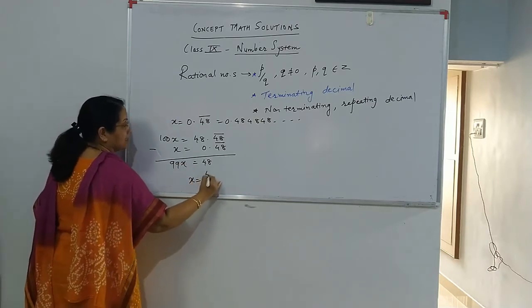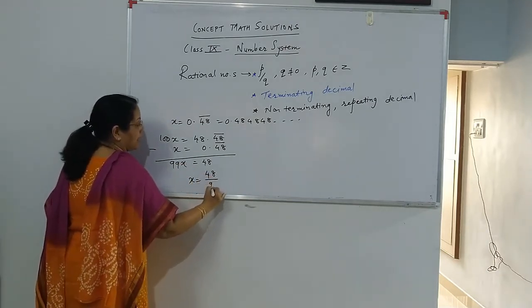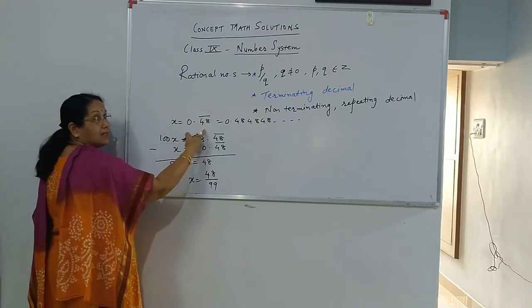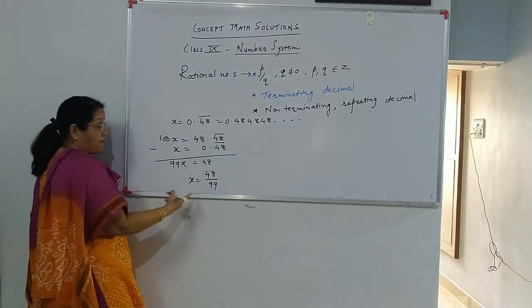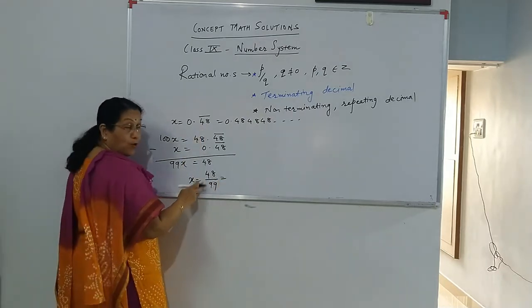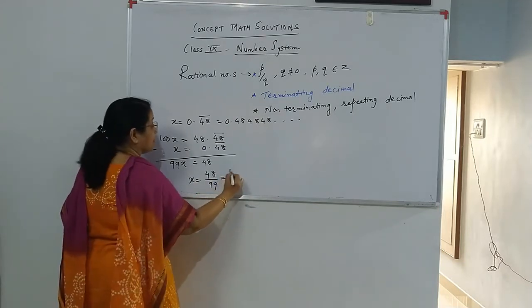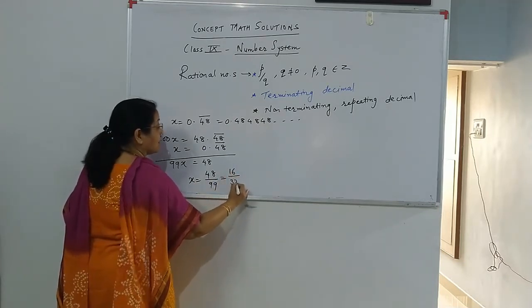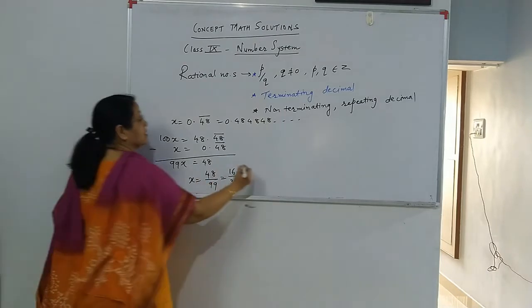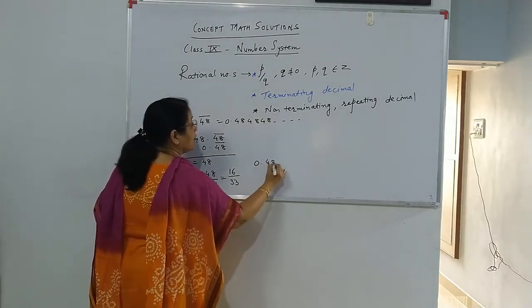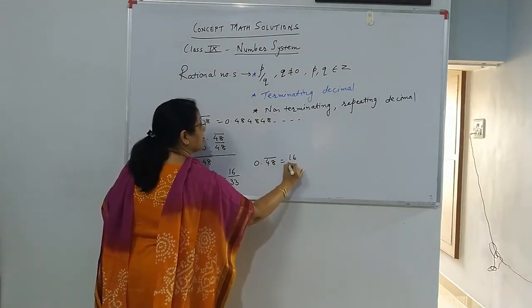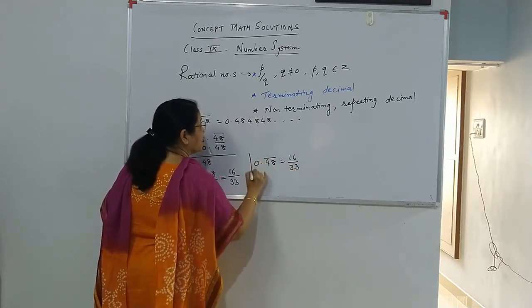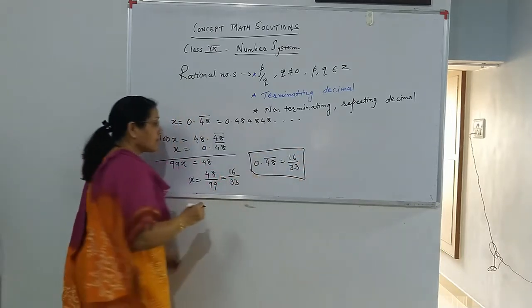That is, x is 48 by 99. This number is in p by q form now, and you know both are divisible by 3. 3 ones are 3, 3 sixes are 18, and 3 threes are 9. That is, 0.48 bar is 16 by 33 in p by q form.